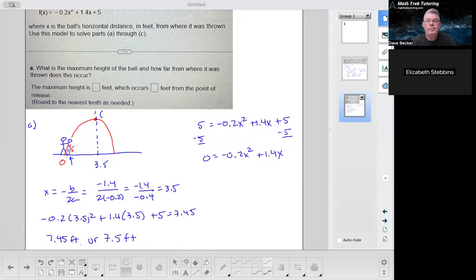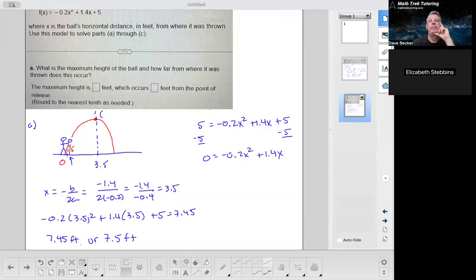And the order would be 2. Negative 0.2. Oh, I'm sorry. Yes. I don't care for this at all.